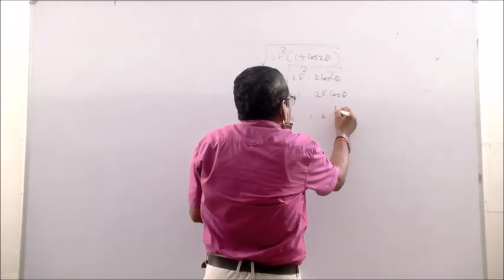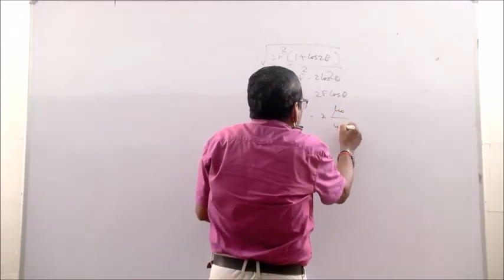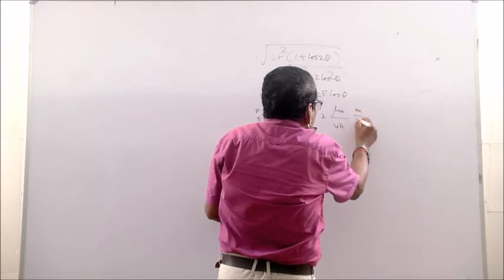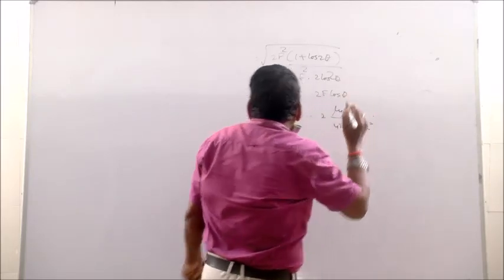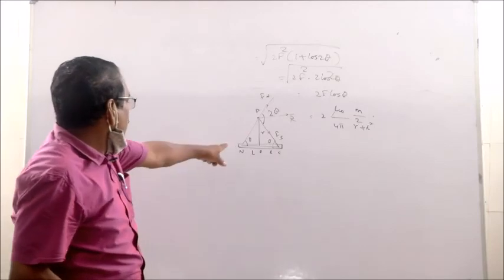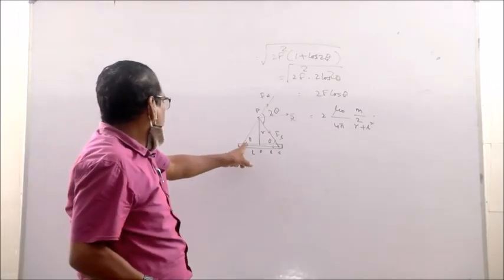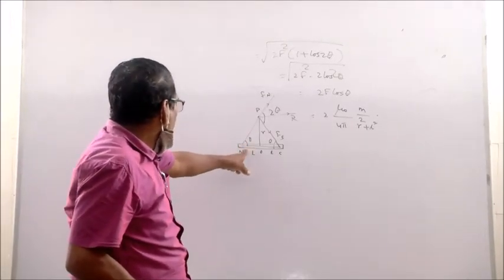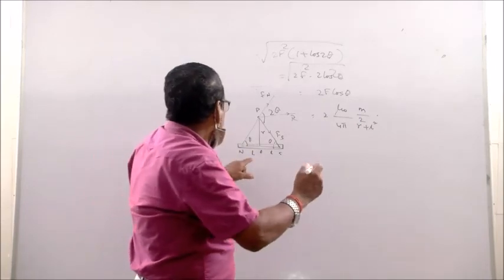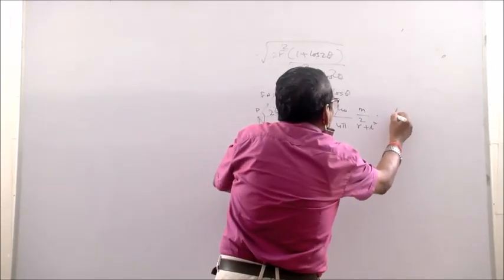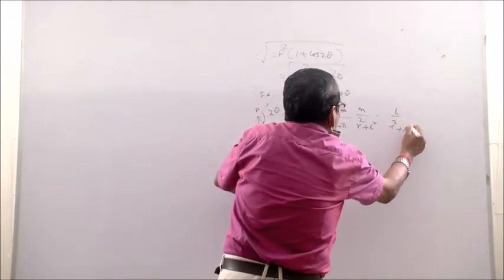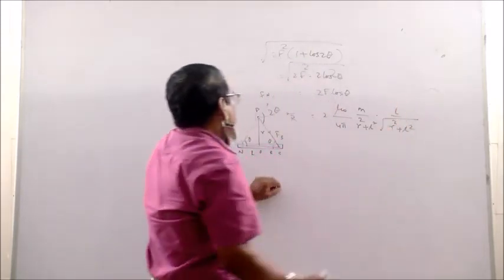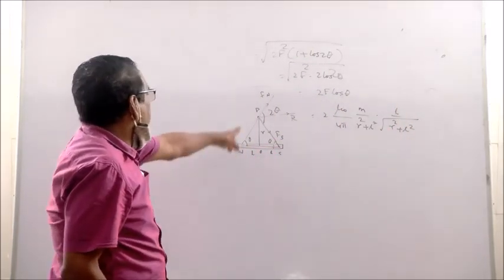2 into mu 0 by 4 pi, m by r square plus l square. What is the value of cos theta? Look at the diagram. This is theta. Cos theta formula is base by hypotenuse, so this is equal to l by root over r square plus l square, that is ON by NP.